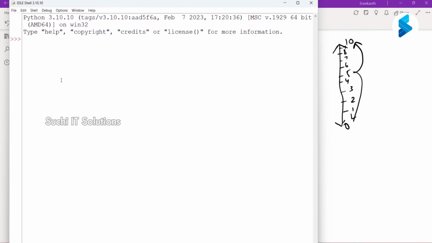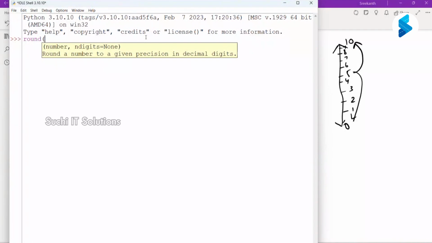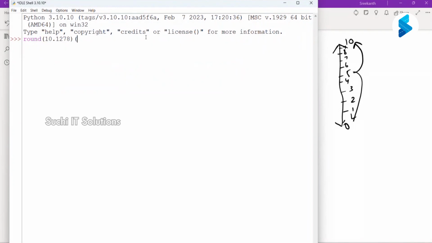Round is a function which takes 2 parameters. What is the number? Let us say 10.1278, and I want 2 decimal points: 10.13.